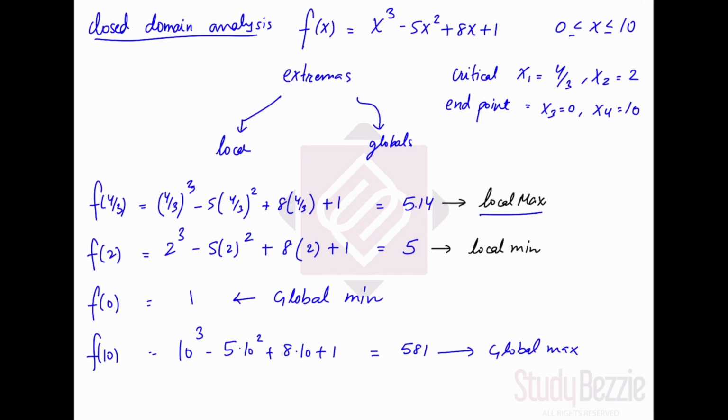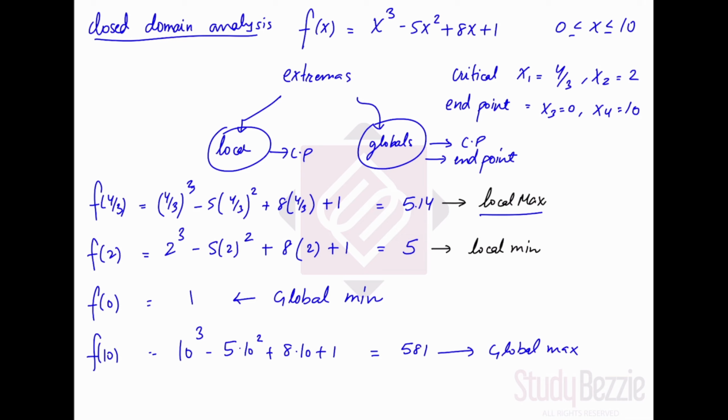Now I just want to clear the air here before we end the session. The locals can be given from the critical points. The globals could come from both candidates, so critical points and endpoints both could be globals. But locals can only be critical points. If you have an endpoint and you want to classify it as a local, that's just not possible, because the endpoint does not have any locality around it.